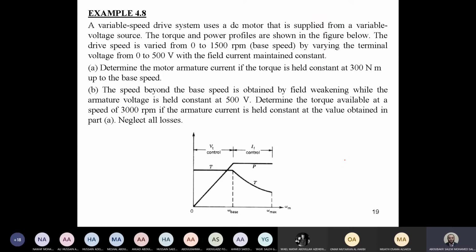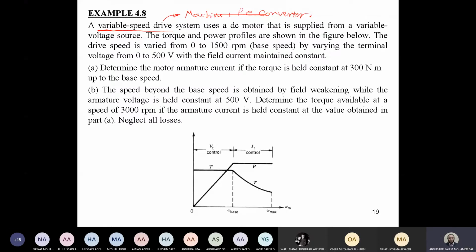An example here for this method of control, variable speed drive. Variable speed drive, Shabab, this name is given for the machine with power electronic converter. So the word drive means machine plus power electronics converter.